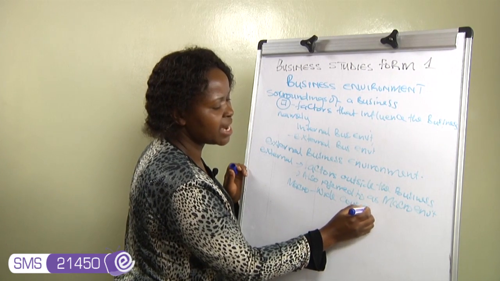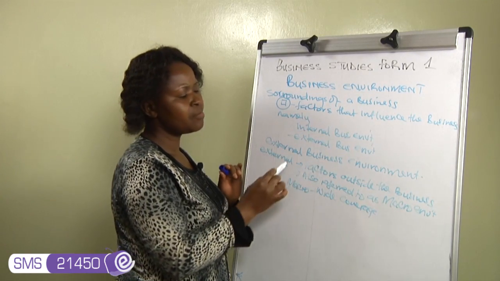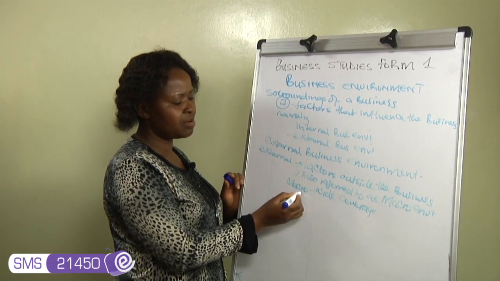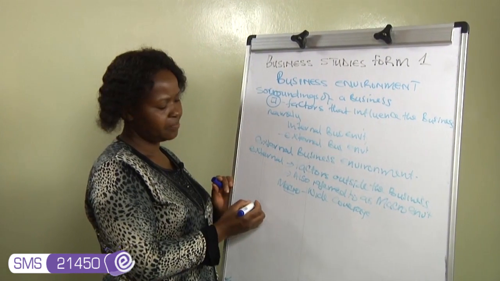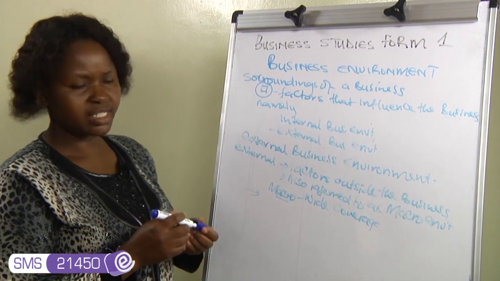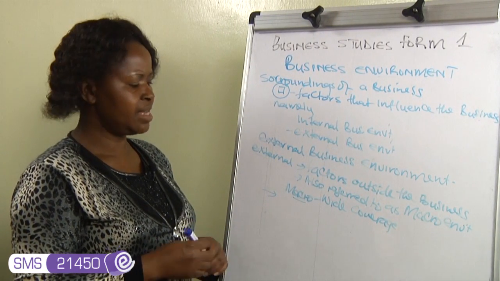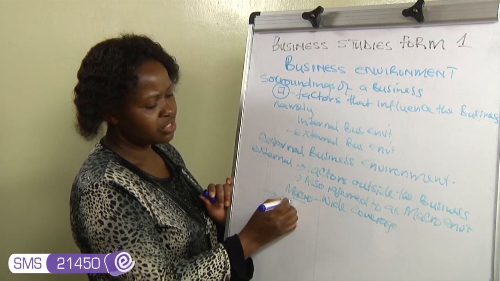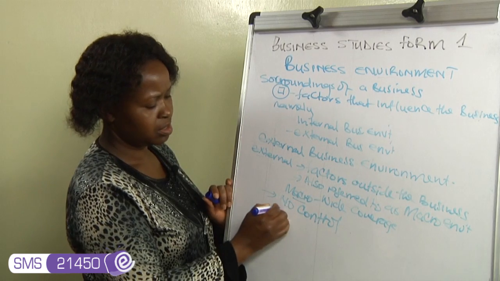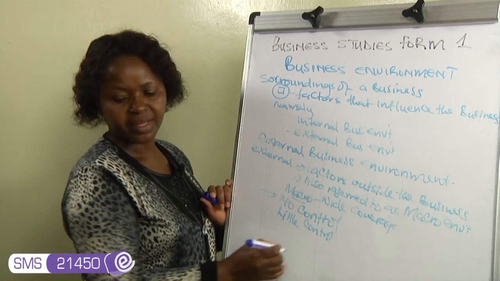It covers a wide area, meaning that the external business environment comprises factors from a wide area. The management of a business may have no control or very little control over the external environment.